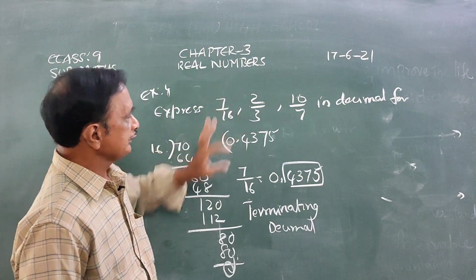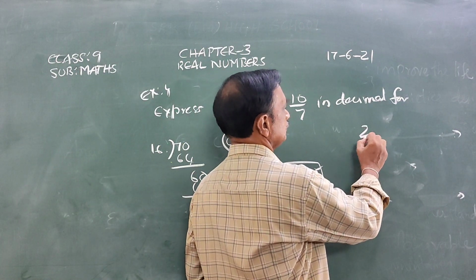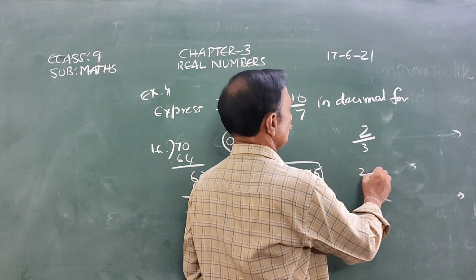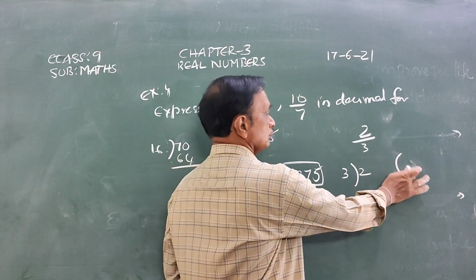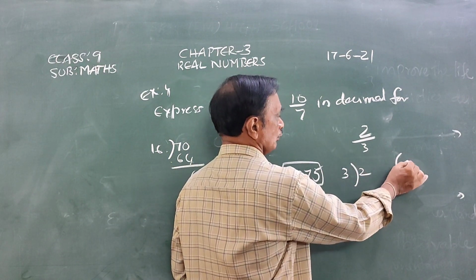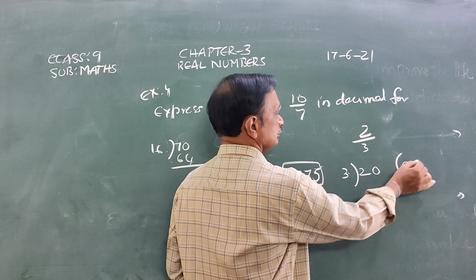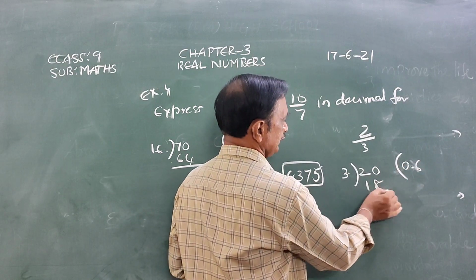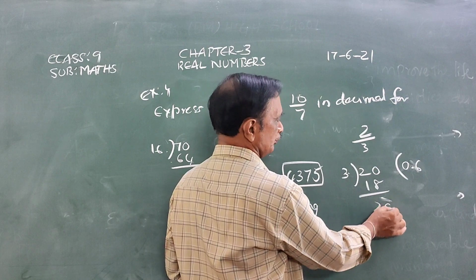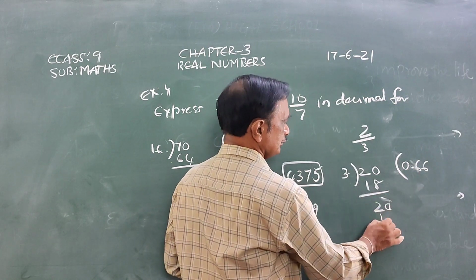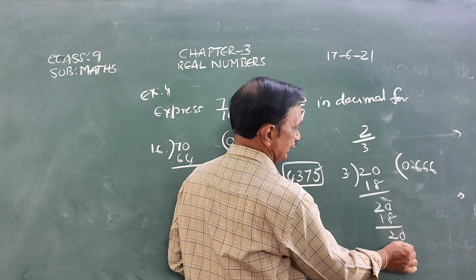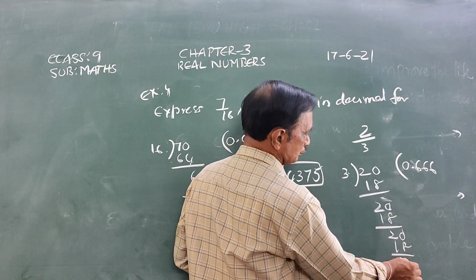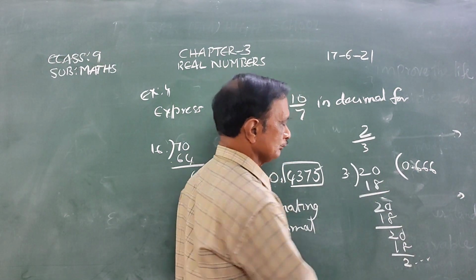Now you take 2 by 3. You have to divide 2 by 3 but not 3 by 2. So 3 ones, it does not go. 0.0, 36, 18, 2. Again you put 0. 36, 18, 2, 0, 36, 18, 2, and so on.